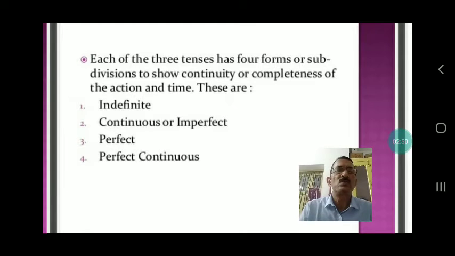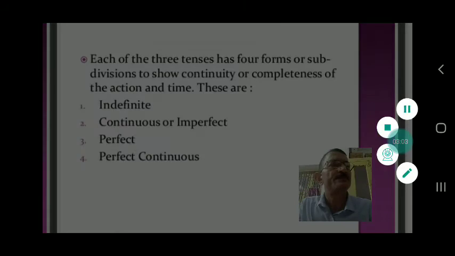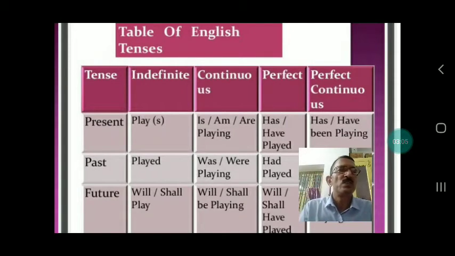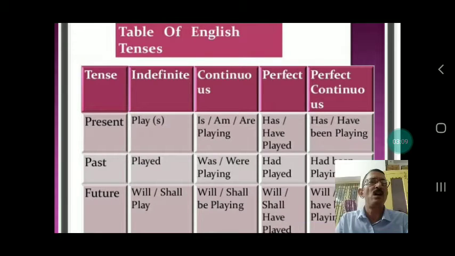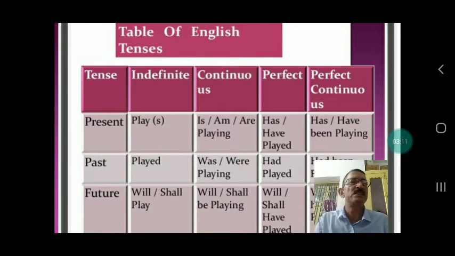Perfect continuous or perfect progressive, that is true with present, past, and future. So we need to understand them. It is the table that tells us how we can comprehend these things nicely.